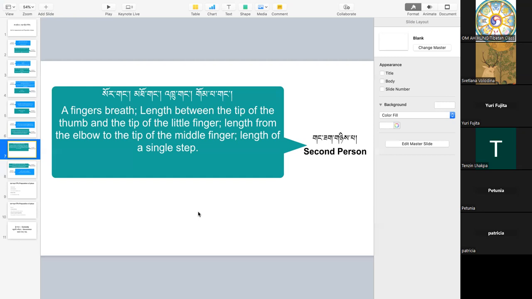So sorkang means more or less the width or breadth of your finger, not the length. So mostly 1 or 1.1 or 1.5 centimeters at most.